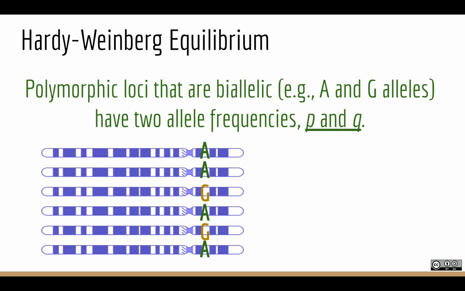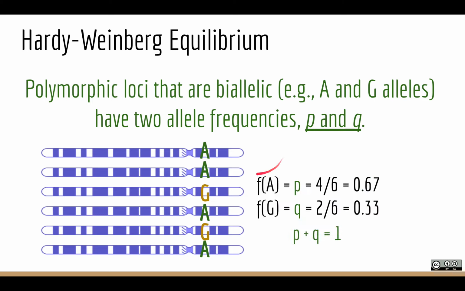In this toy example, we've got 6 chromosomes. 4 of them have an A, 2 of them have a G. The frequency of A is represented by P, so that's 4 out of 6. The frequency of G, we could compute in 2 ways.